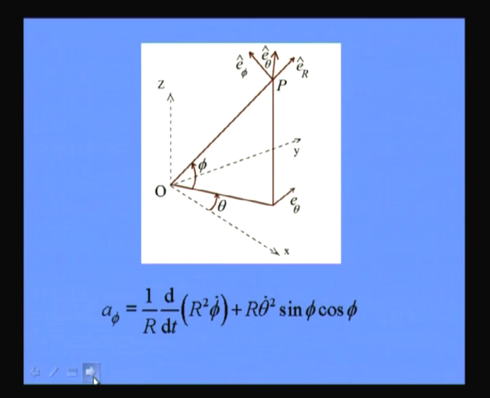So these expressions are convenient when the particle is moving in a spherical path and you are asked to find the velocity and acceleration components.